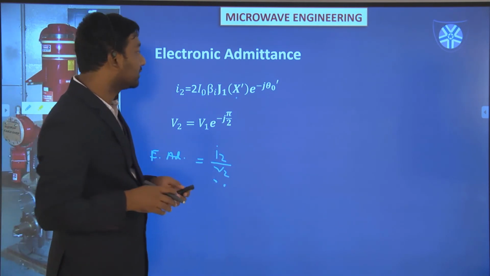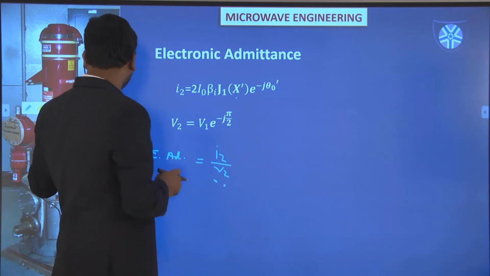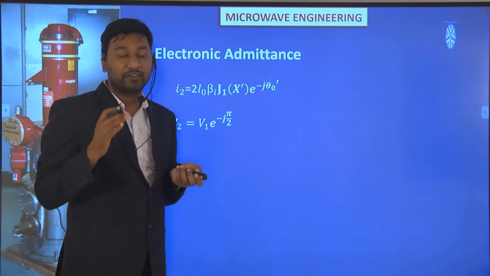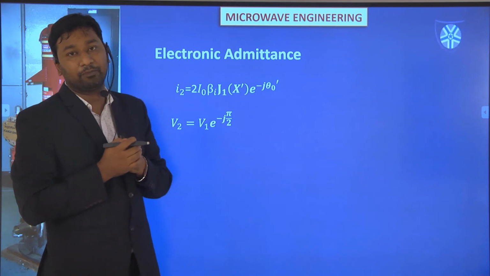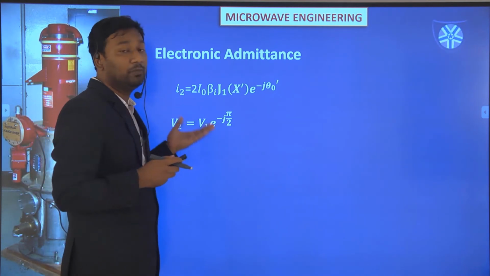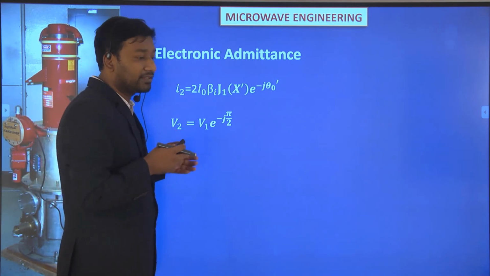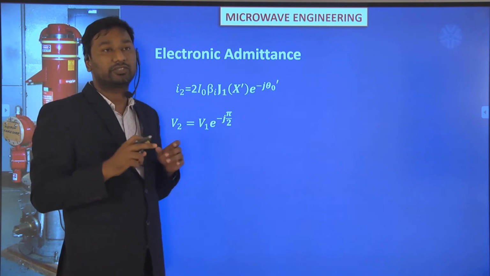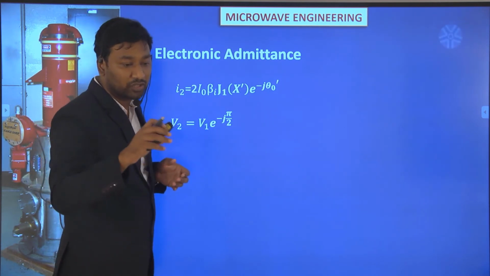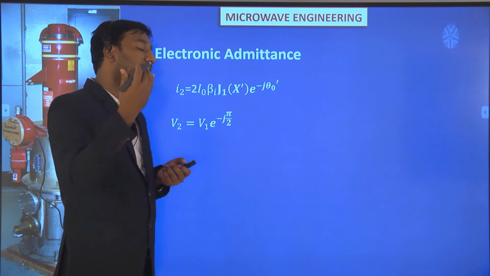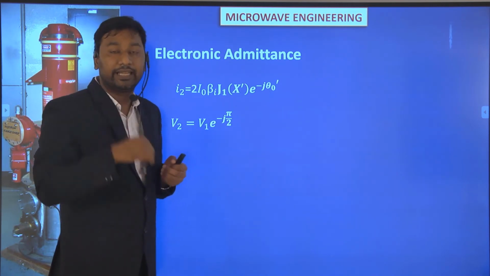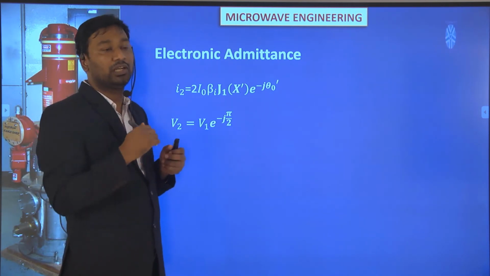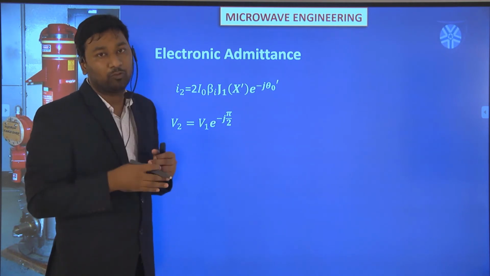So in the reflex klystron oscillator, we started from how the reflection action takes place. A single klystron cavity acts for velocity modulation as well as for taking power, and its output is taken from this cavity only.